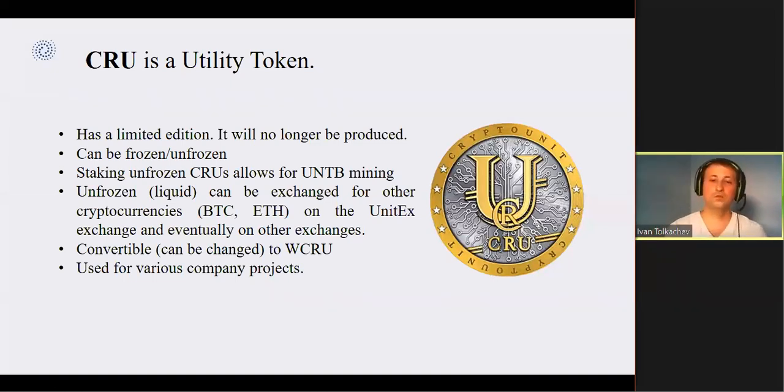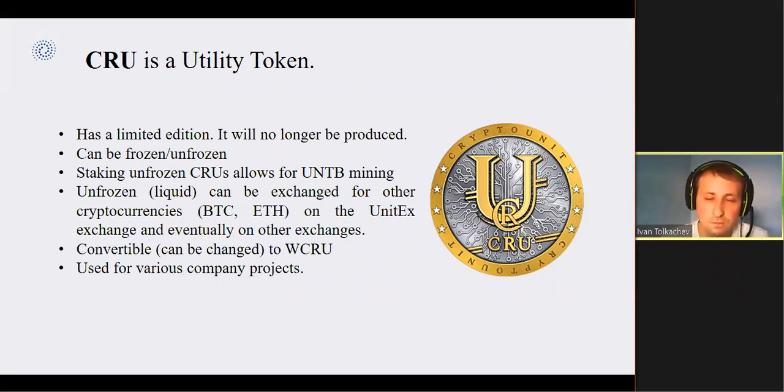When it is unfrozen, it can mine UNTB, and it is liquid and can be traded or exchanged into other currencies, Bitcoin, Ethereum, at the Unitex exchange. And it's important that this token is convertible, meaning that it can be converted into World CRU one-to-one with a commission charged. And why is this important?